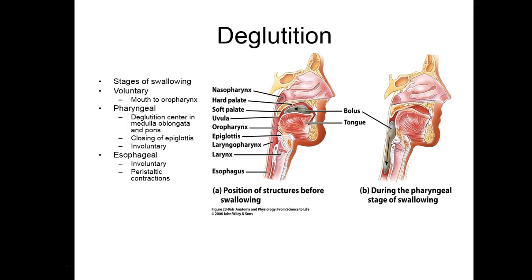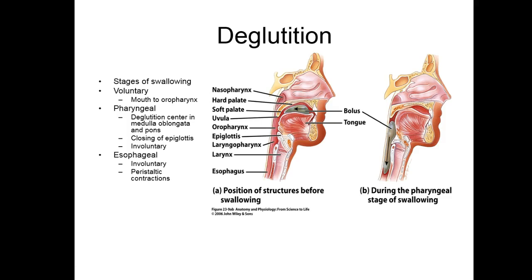And this is where, if you have somebody who's had a stroke, or you have CNS deficiencies, particularly brainstem deficiencies of any kind, you can have swallowing disorders and problems with swallowing. Closing of the epiglottis, that thing that always likes to get asked in lab, that flap of skin to make sure that it, quote unquote, goes down the right pipe. This is involuntary. So the only thing that's voluntary is from mouth to the oral pharynx.